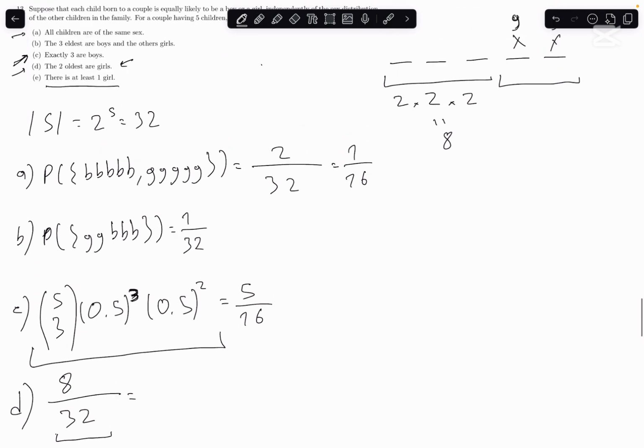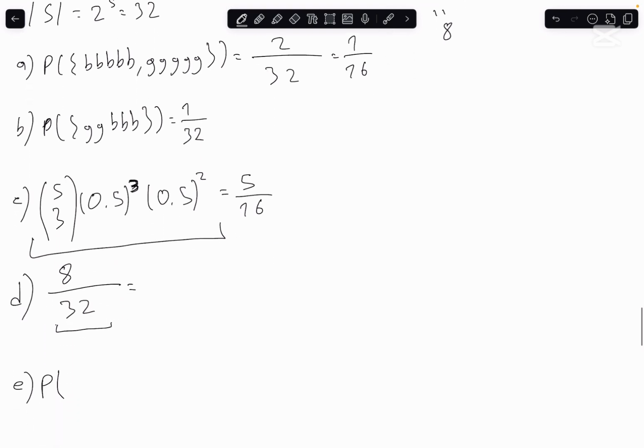So instead of calculating the probability of at least one girl, we can just calculate the probability of having no girl and subtract it from 1.